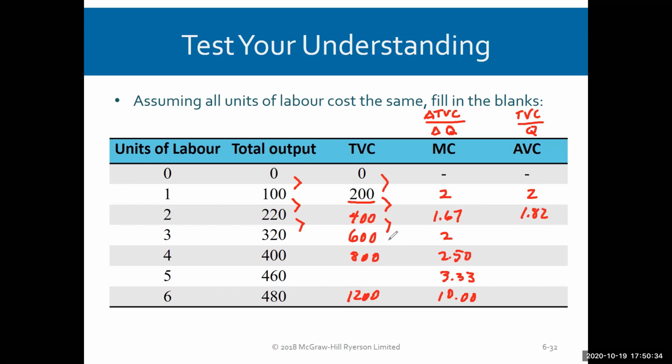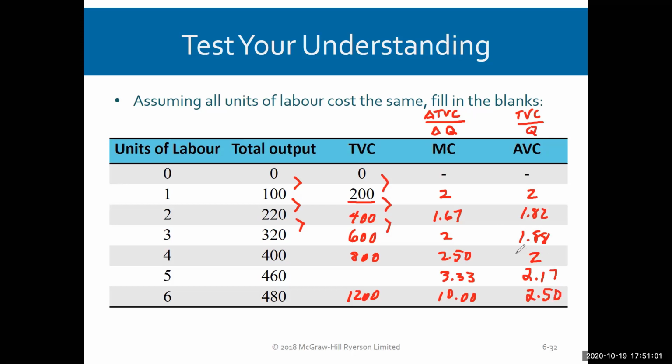And you keep going down. So total variable cost here is 600 divided by 320. And that comes to 1.88. And then I go to the next one. Total variable cost is 800 divided by 400. That comes to 2. And then it just keeps going up to 2.17. Calculating the last one, you'd get 2.5.